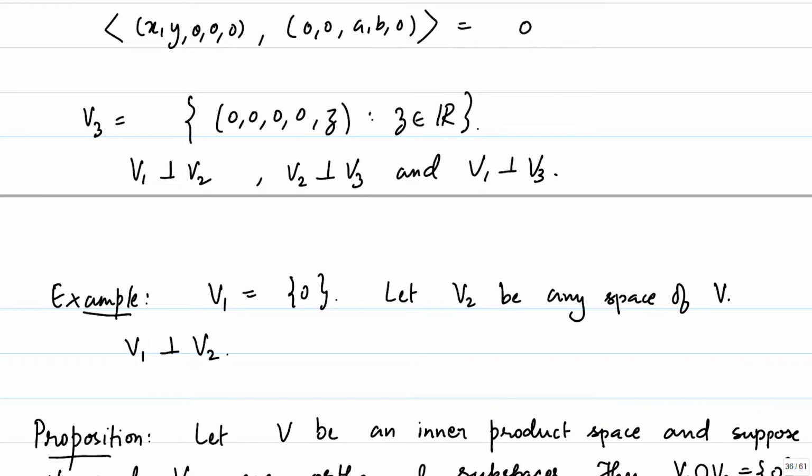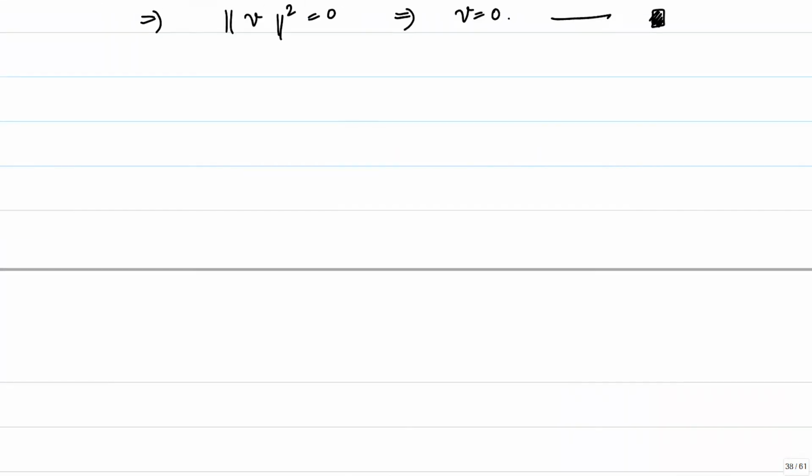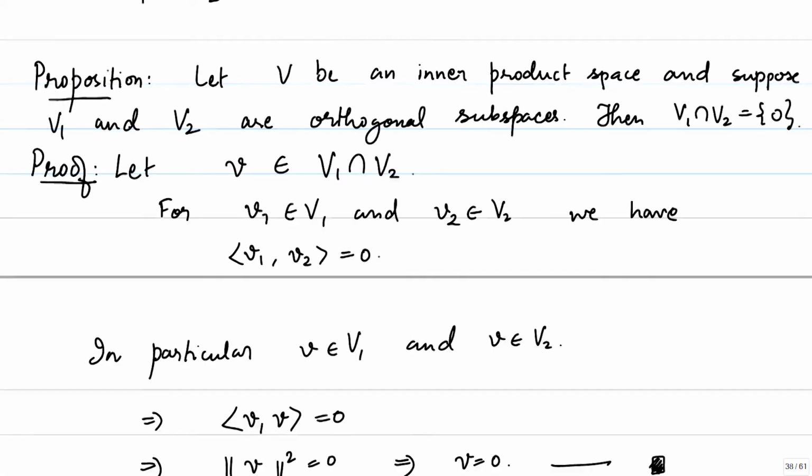So there is nothing unique that we can say about orthogonality here. However, we will now define the orthogonal complement, which happens to be the largest subspace which is orthogonal to our given subspace. So let's define what the orthogonal complement is.